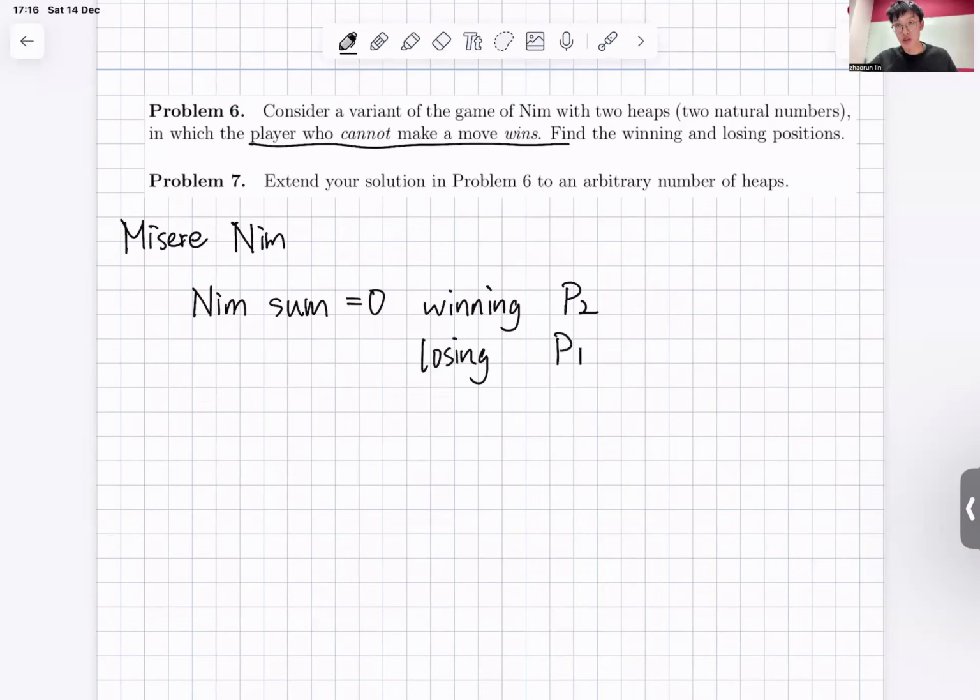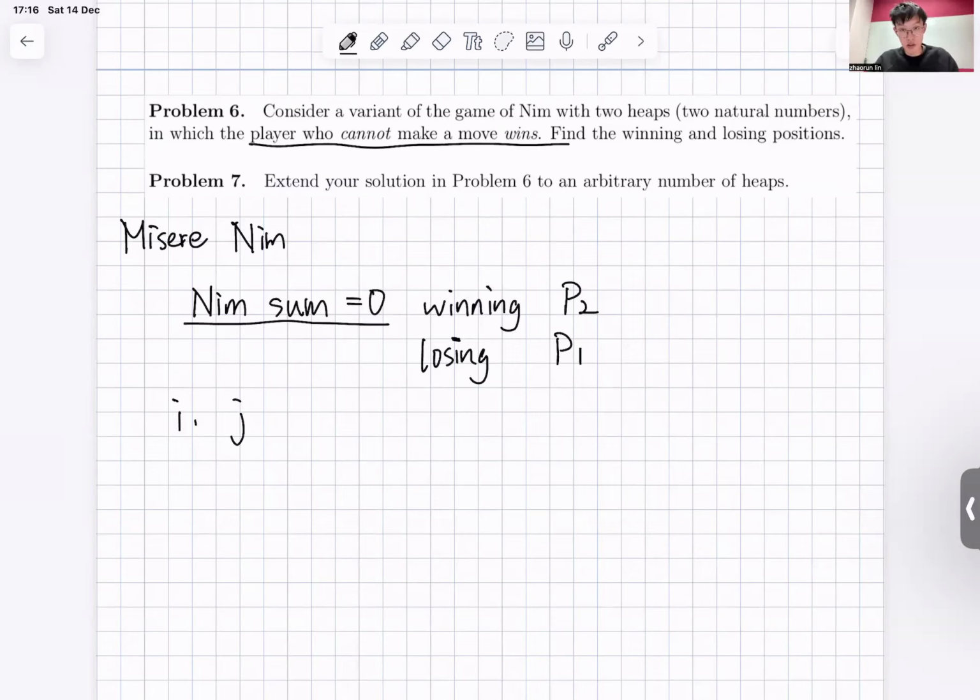So player 2 is the one who starts second. Player 1 is the one who starts first. In the lectures you have learned that it is also true that a NIM sum of 0 is a winning position for player 2. So now let's consider two numbers, i and j.